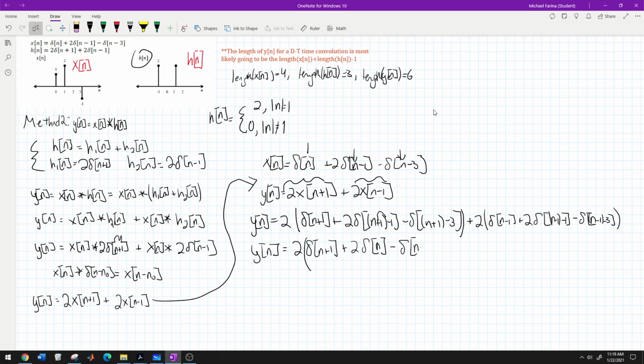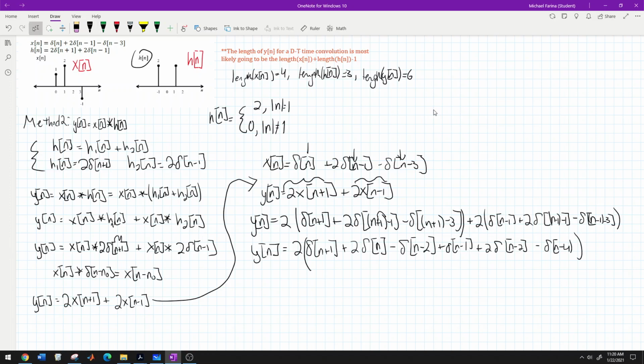So that's delta n minus 2, plus, we already factored that 2 out, delta n minus 1 plus 2 delta n minus 1 is n minus 2. And then that last term, negative 1 minus 3, is delta n minus 4.